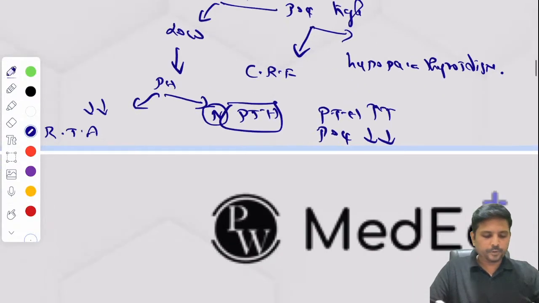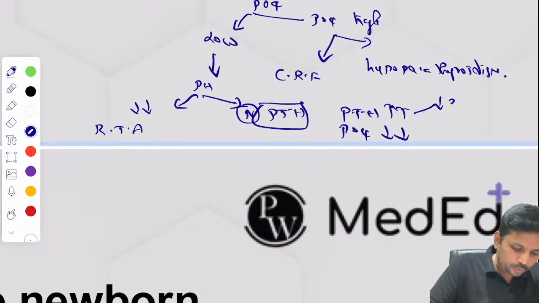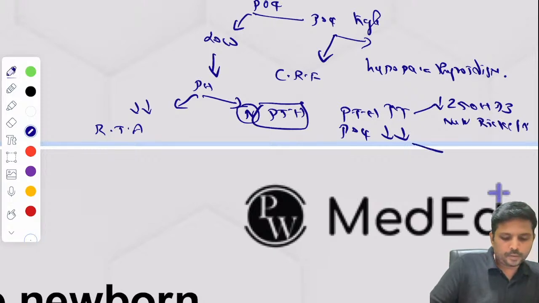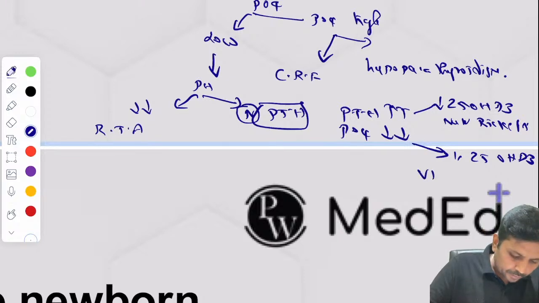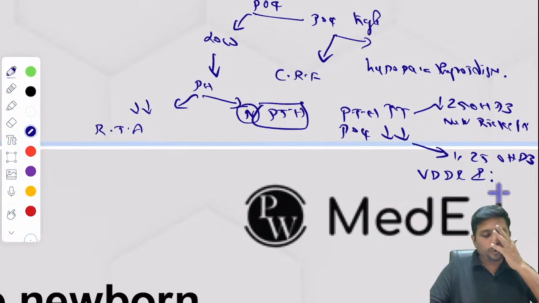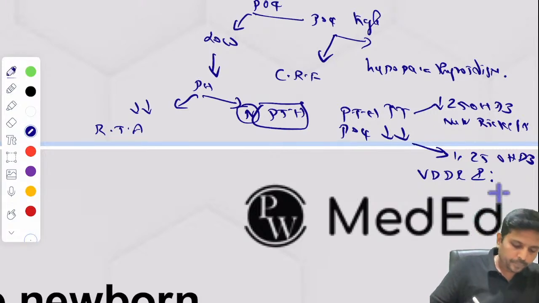Three things you need to see. One is low 25 OH-D3. That is nutritional rickets. Whereas if 1,25 OH-D3 is low, that is called vitamin D dependent rickets type 1 because of low alpha hydroxylase.